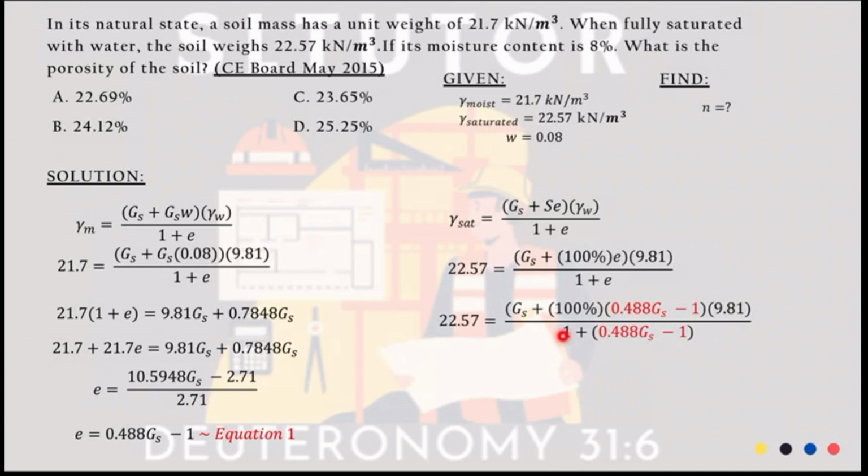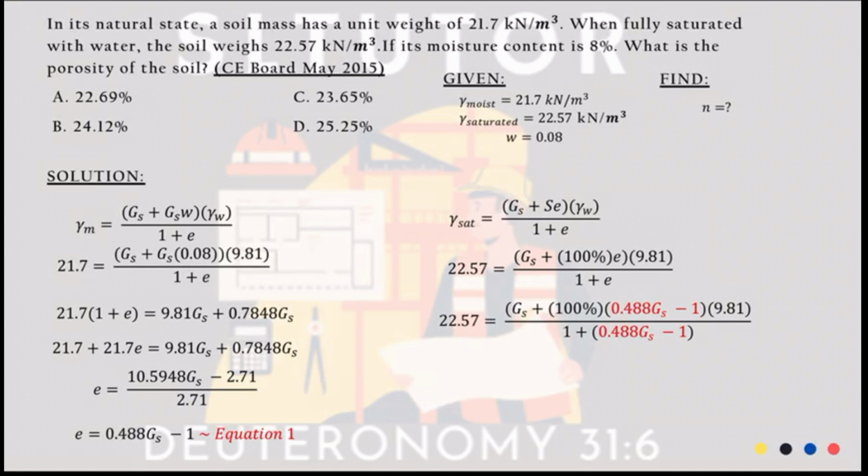Now, bago po kayo mag-shift solve, itong denominator na ito, pwede nyo pong ilipat sa left side before shift solve para po mas mabilis yung calculation ni calculator po natin. Kasi po medyo mabagal po ang calculation kapag may mga fraction sa shift solve.